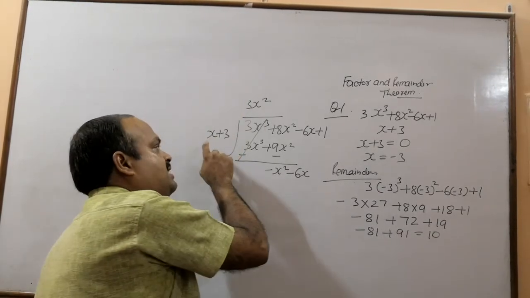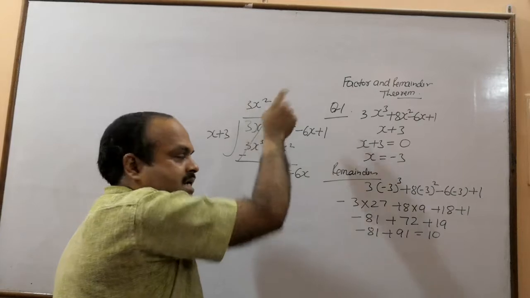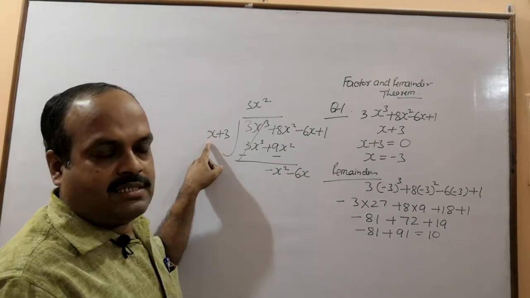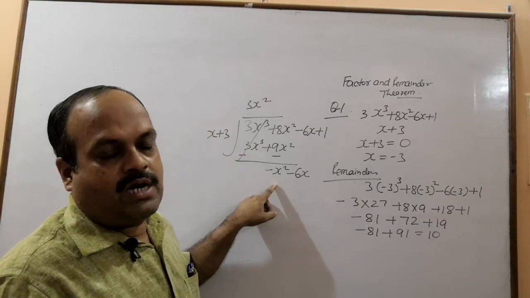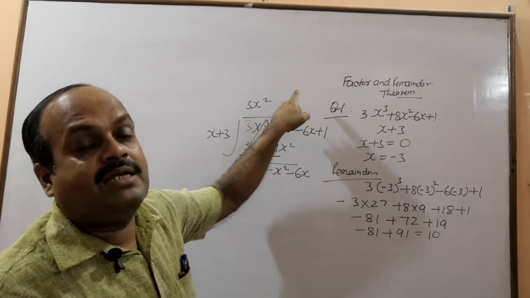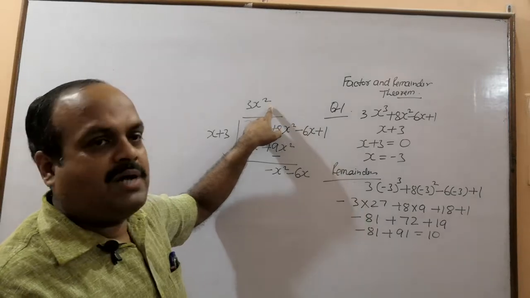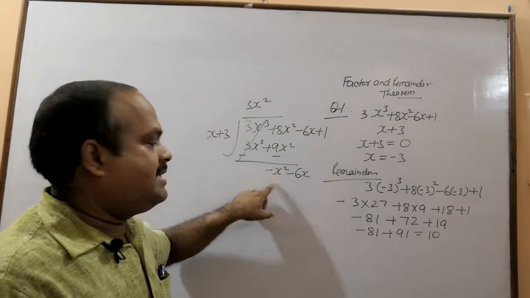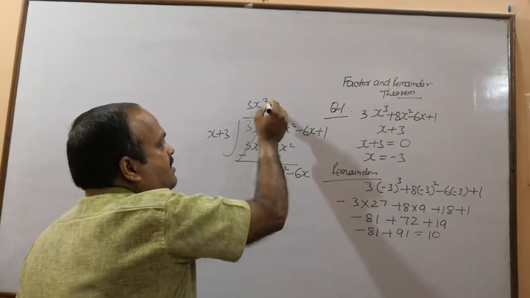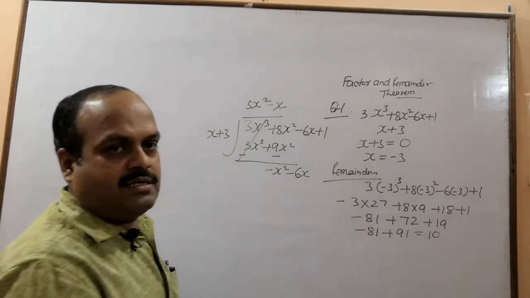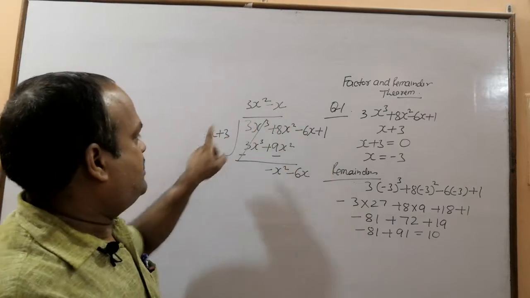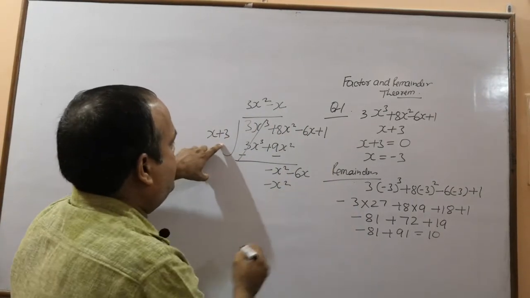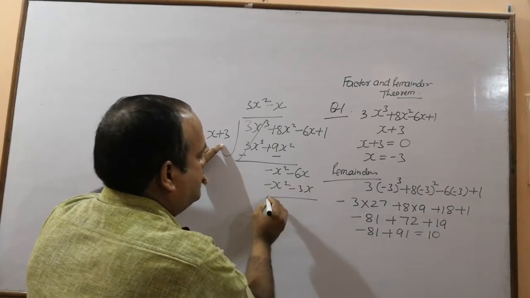Once again we need to read the table of x plus 3 so that we may get minus x square. With the help of this x, to get minus x square we need to write here minus x. When we multiply minus x by x, only then will we get minus x square. So write here minus x. Multiply this minus x with these two terms and write here. You will get minus x square minus 3x.